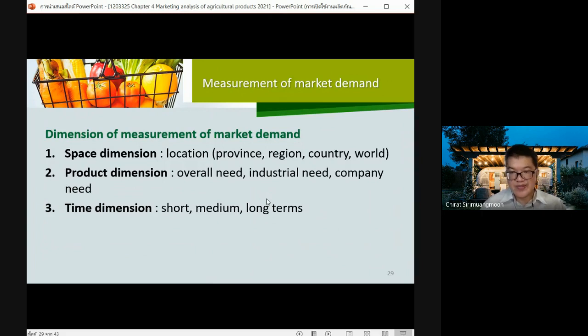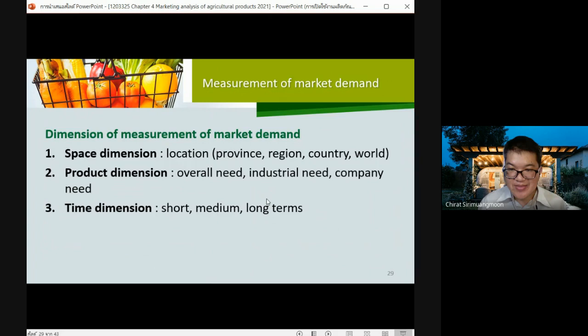You need to specify what part you need to set, like you need to think about market demand in the same province, in the northern region, in Thailand, or in the world. Product dimension, so you might think about the product in terms of overall need on the market, or just industrial use, or just your company use. Of course, it's different in terms of amount and demand.